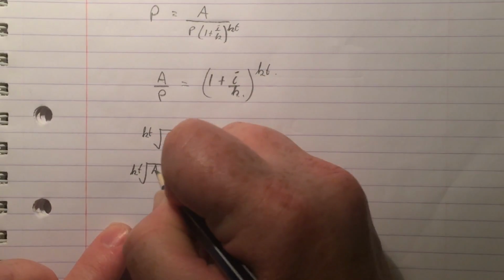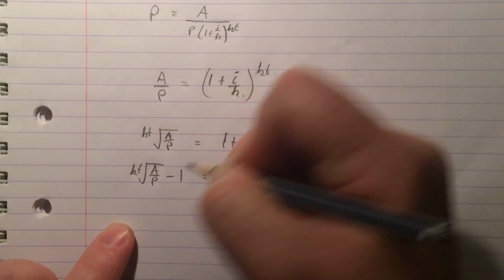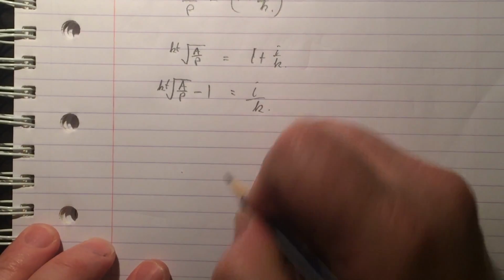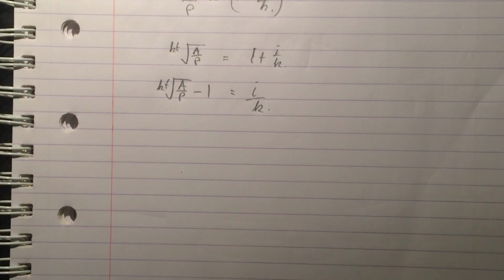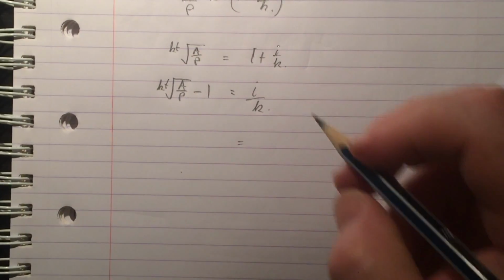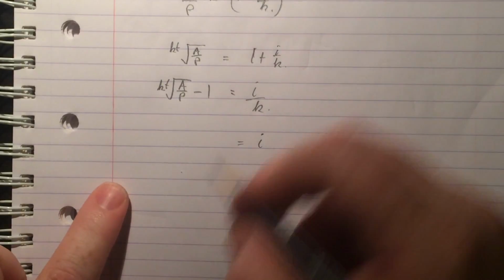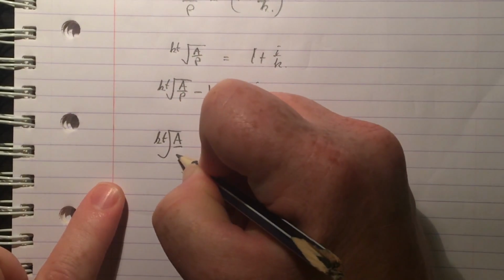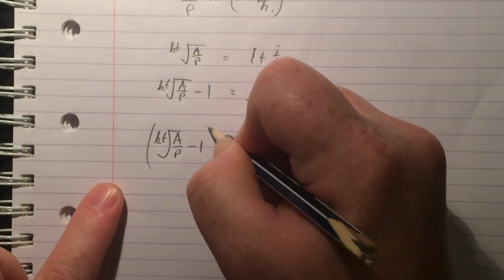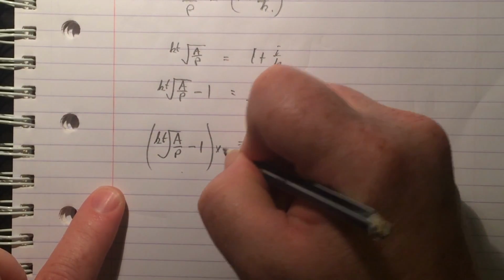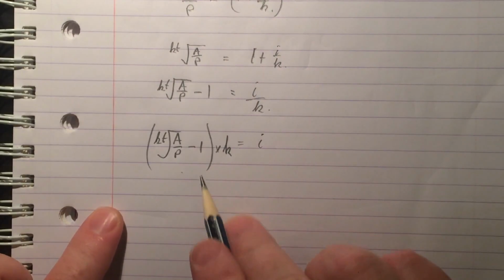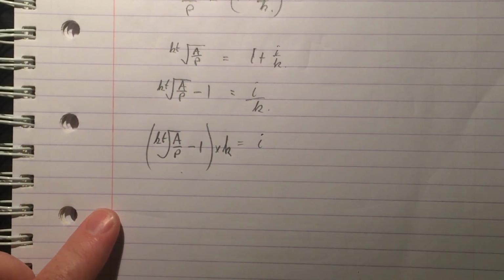So the KTth root of A over P minus 1 will give us I over K. And finally we'll multiply both sides by K, and that'll give us the KTth root of A over P minus 1, all multiplied by K.